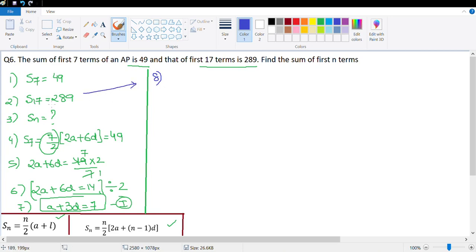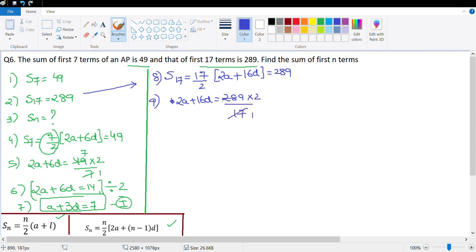So this is S17. So sum of first 17 terms will be equal to n upon 2, in this case 17 upon 2 multiplied with 2a plus n minus 1, 17 minus 1, 16d. And this value is given equal to 289. So this gives me 2a plus 16d is equal to 289 into 2 upon 17.